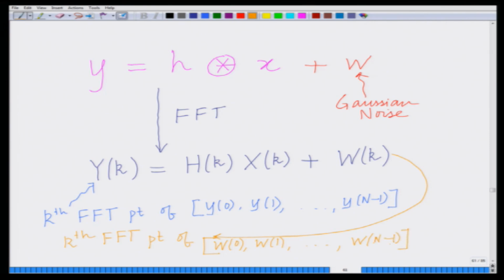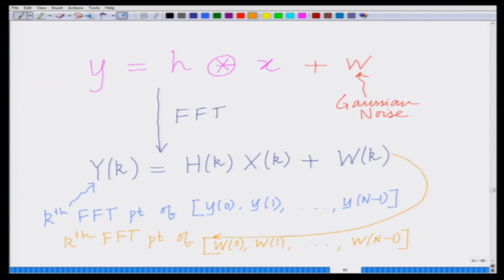What we are saying is very straightforward. In the time domain we have the received signal small y, which is the channel h circularly convolved with the transmit signal x, plus the noise small w at the receiver.